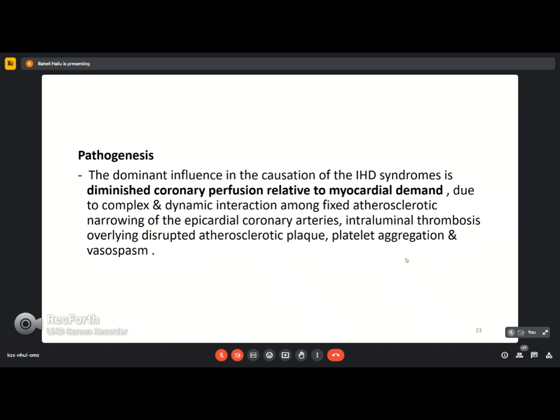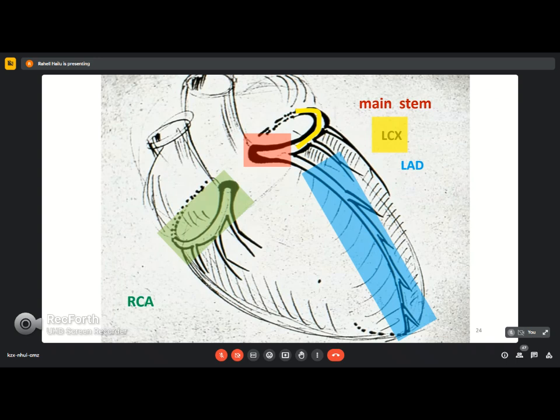So the pathogenesis is diminished coronary perfusion relative to the myocardial demand. As you know, these are the major arteries that supply the ventricles and also the atria. This is the aorta, and just distal to the aorta the coronary arteries start.